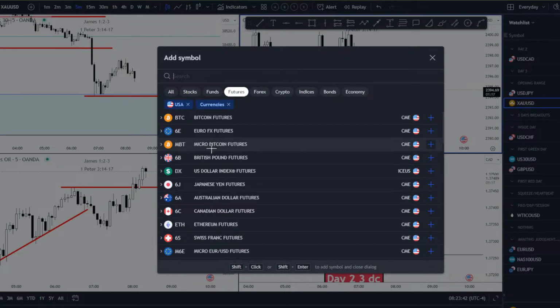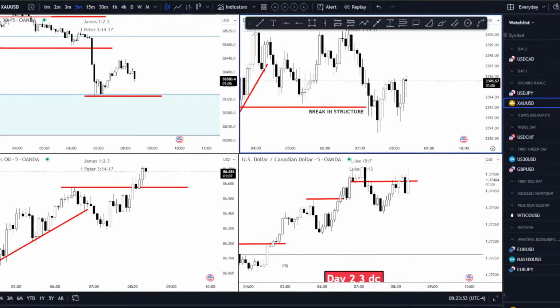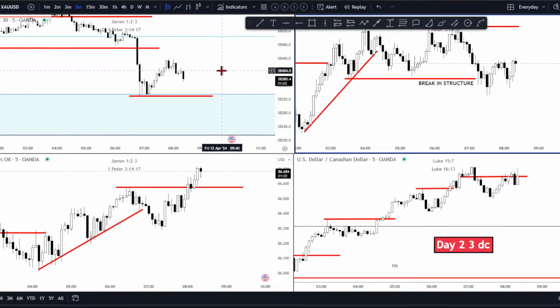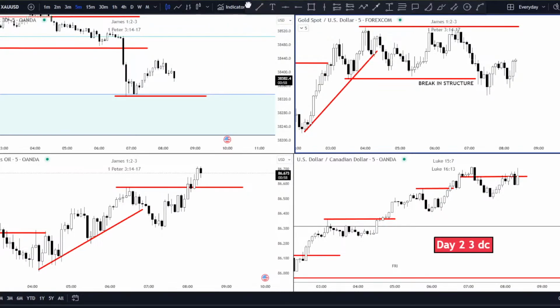There you go. Pound, yen, Australian dollar, Canadian dollar, Swiss. They're all there. The only thing with those is they are a little bit lower volume. So I've chosen not to trade a lot of them because the volume's just not there. The candles look insane.